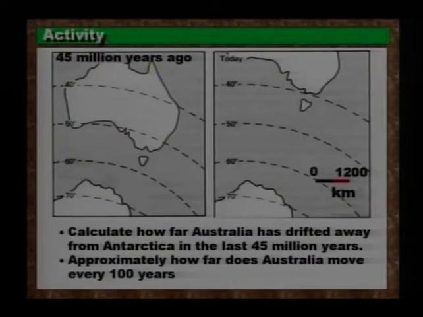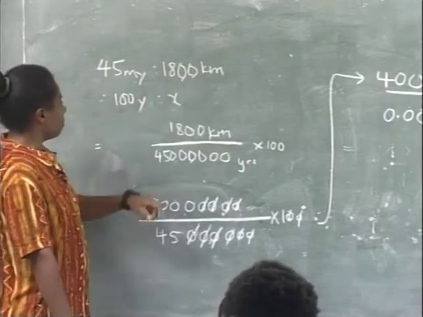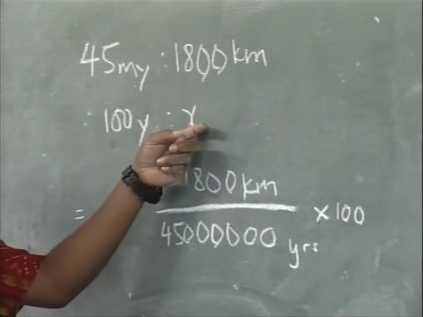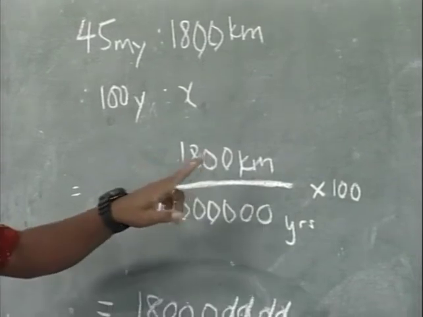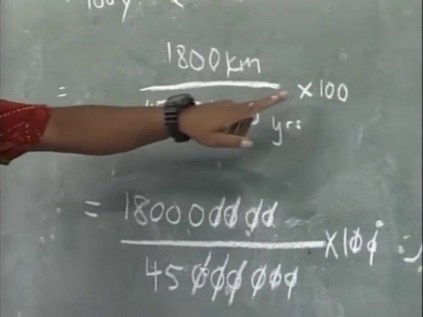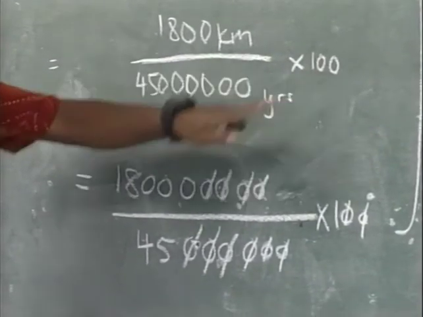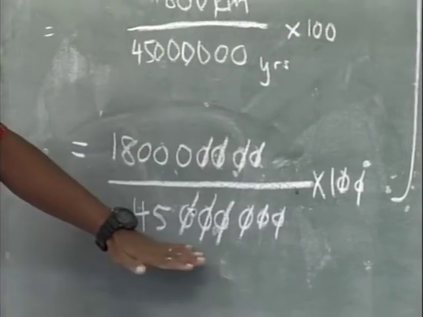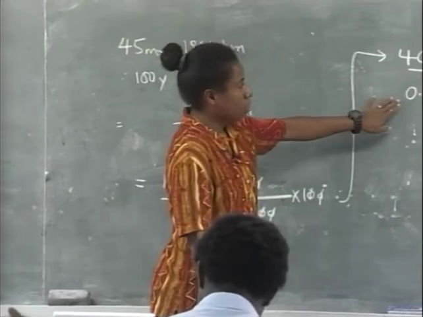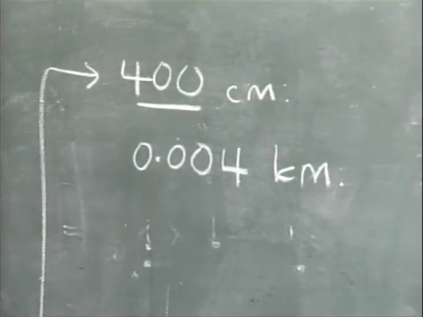We know 45 million years, it moved 1,800 kilometers. For 100 years, we don't know, and that's what we are calculating. So 1,800 kilometers over 45 million years, multiply that by 100 to find out for every 100 years how far it would move. We would come up with 400 centimeters, which is equivalent to 0.004 kilometers.